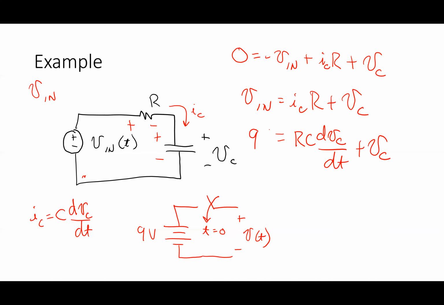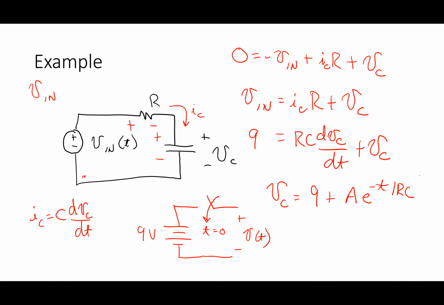Now you should know what the solution to that is going to look like. What would V sub C have? It'd have an exponential, right? What's the final value going to be? It would be 9 volts plus some value like that.